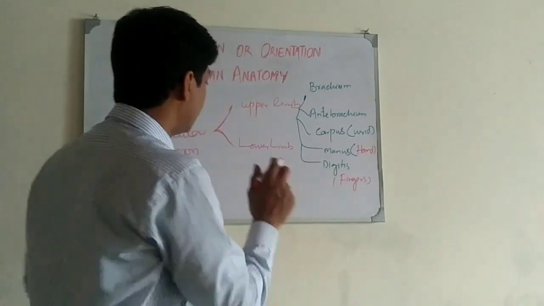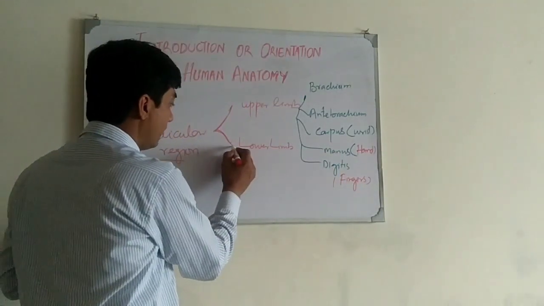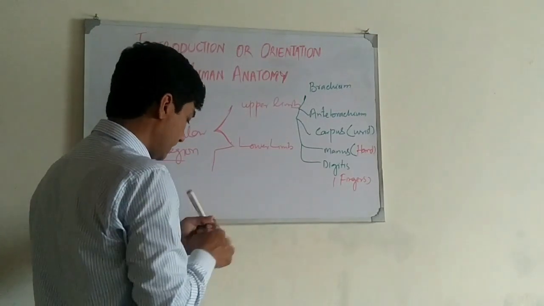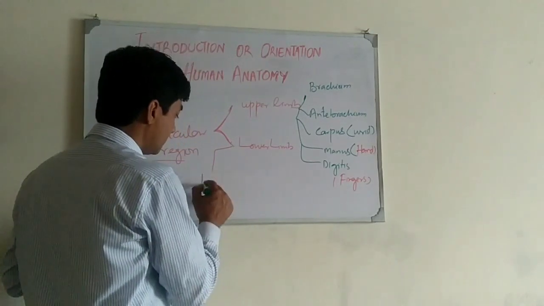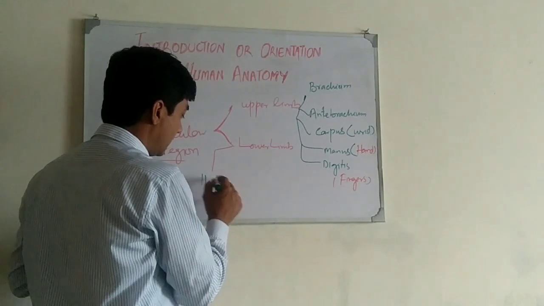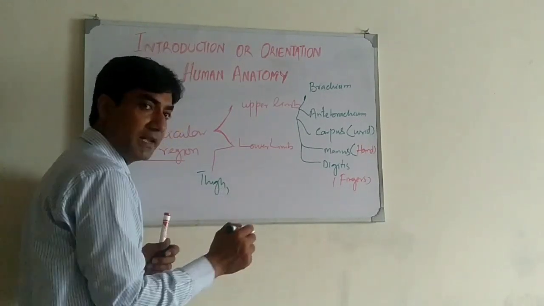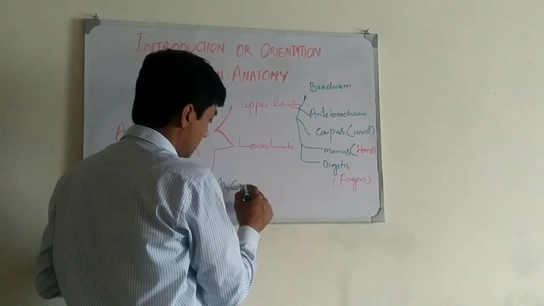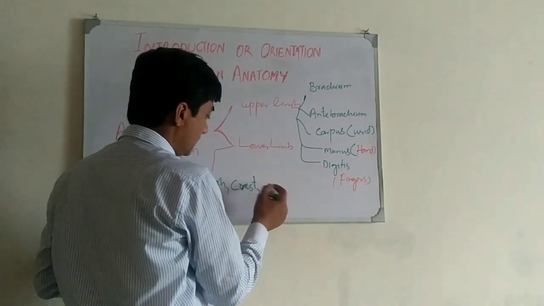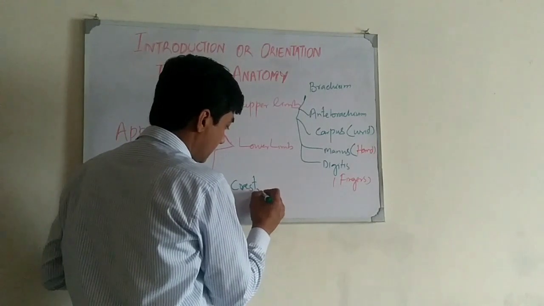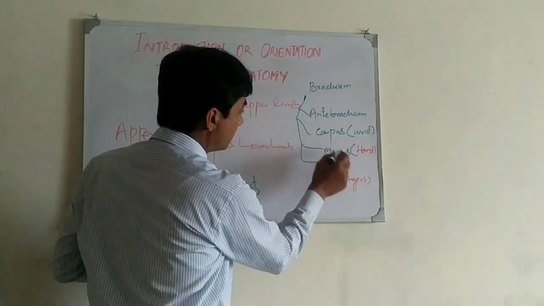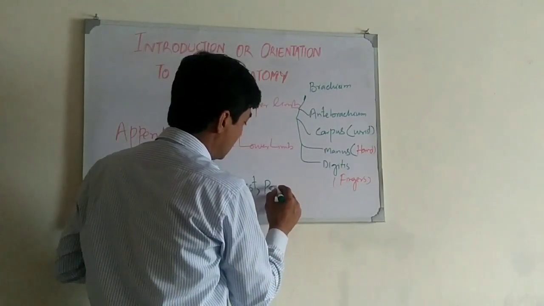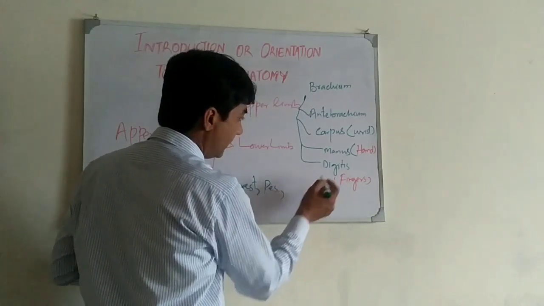Same as in the upper limb, when we are discussing the lower limb, this is the thigh, and then crus, and then pes, and then digits.